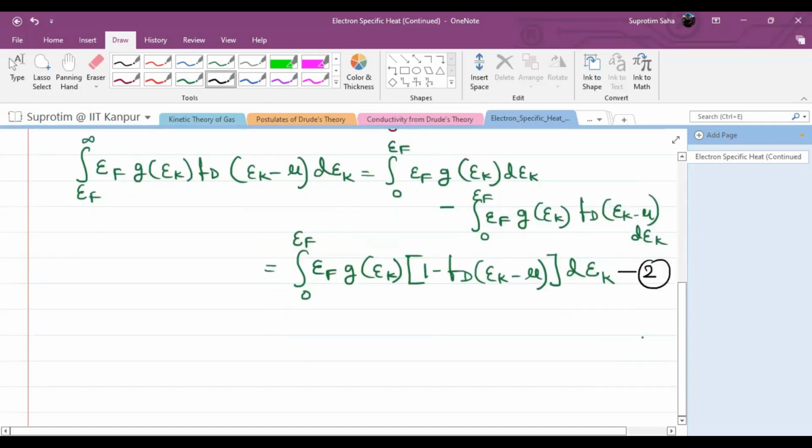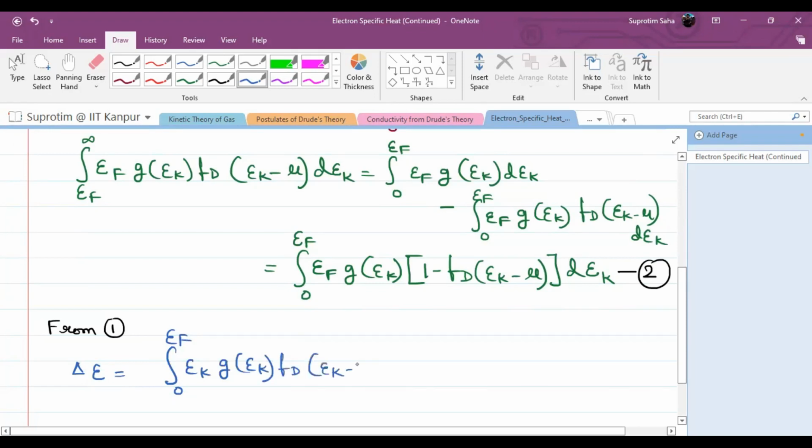So now we are going to rewrite equation 1 and do a simple manipulation from 1 itself. Your delta E is given by 0 to epsilon F, the first part we keep intact, G of EK, the Fermi Dirac epsilon k minus mu D of EK.